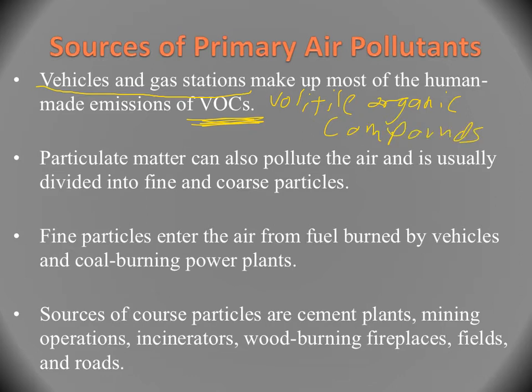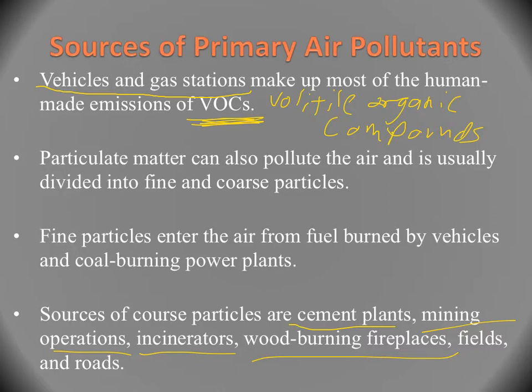And then as we go to the particulate matter, we divide those into coarse and fine particles, and those come from vehicles, coal-burning power plants, and also cement plants, mining operations, incinerators, wood-burning fireplaces, fields, roads, all this stuff that can put larger chunks of material up in there that don't get classified as nitrogen oxide, carbon monoxide, sulfur dioxide, or VOC.